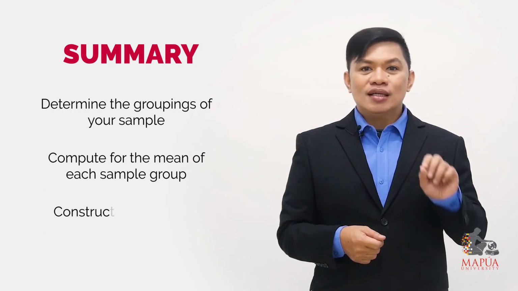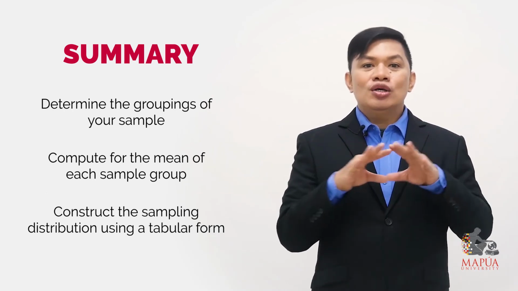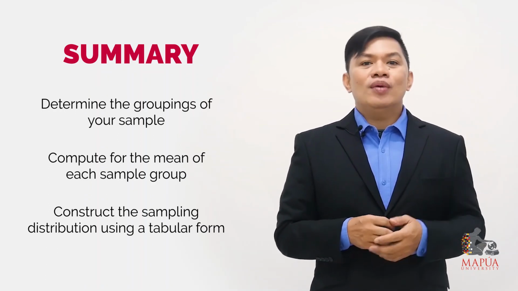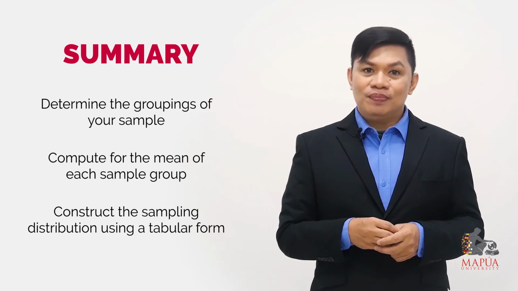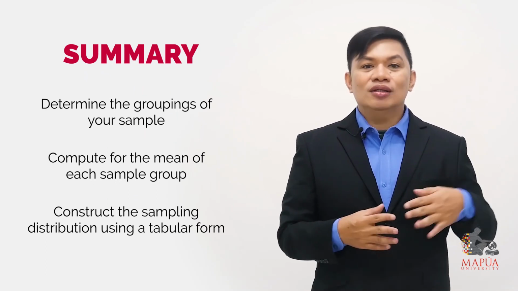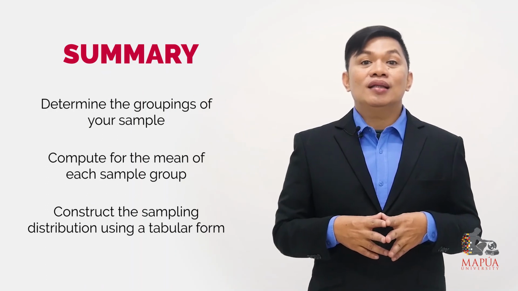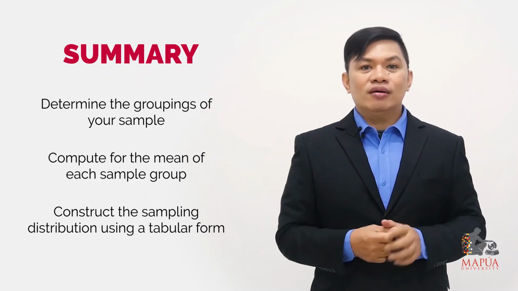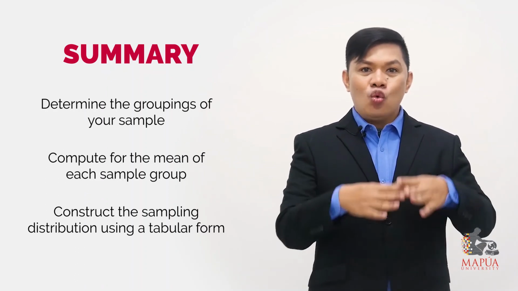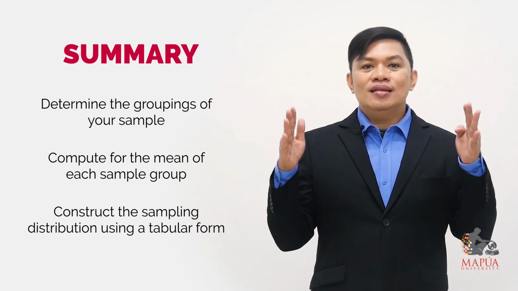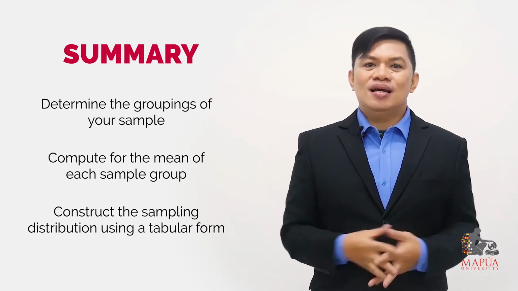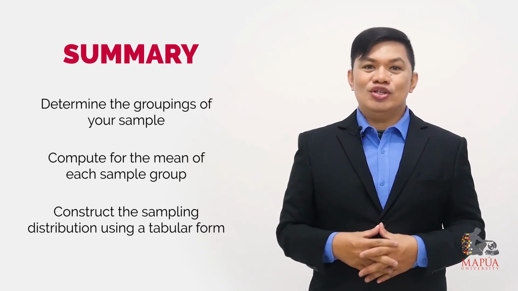Then, construct the sampling distribution using a tabular form. The first row of the table will be the values of your x bar, and the second row will be the associated probability. For each value of x bar, there should be a corresponding probability. Once you have completed the entries in your table, that's what we call the sampling distribution of the mean. It's that easy.